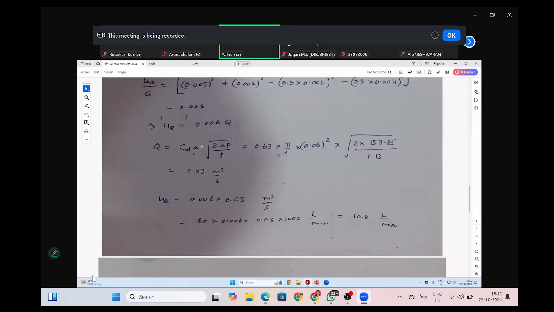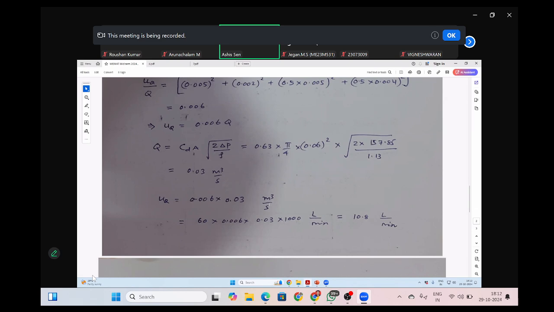And you have delta P also given, 157.87 Pascal, and density you have found, 1.13 kg per meter cube. If you do the calculation, you will get 0.03 meter cube per second. So that means your uncertainty in Q will be 0.006 into 0.03 meter cube per second.